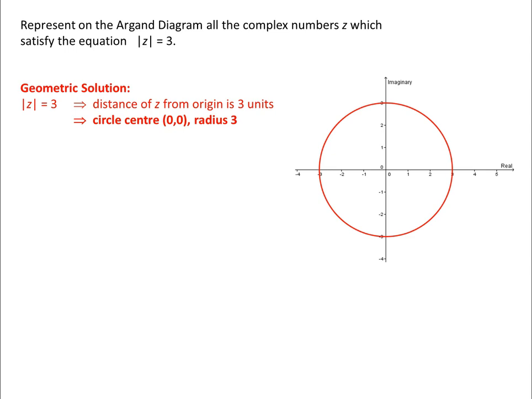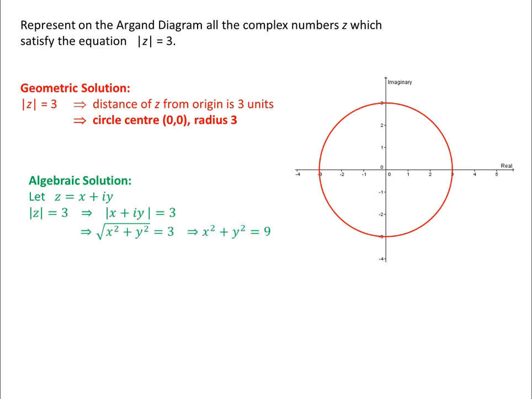Now it's worth noting that we can also attack this problem using an algebraic method. So if I've got the modulus of z equals 3 and I let z equal x plus iy, then I know that the modulus of x plus iy has got to equal 3. In other words, the square root of x squared plus y squared must equal 3.